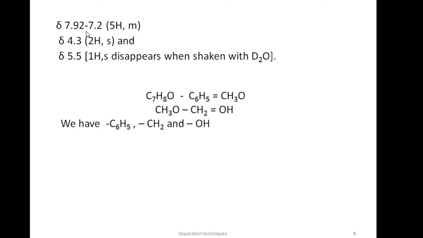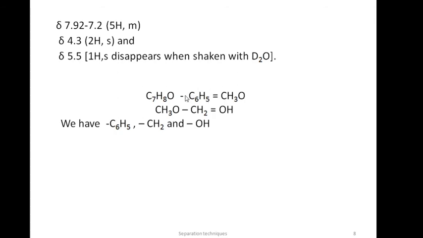So 5 protons in 6 to 8, which means it is aromatic. So there is only single substitution here, and you have a multiplet here. So you can remove C6H5 from C7H8O, which gives you CH3 as a remainder.